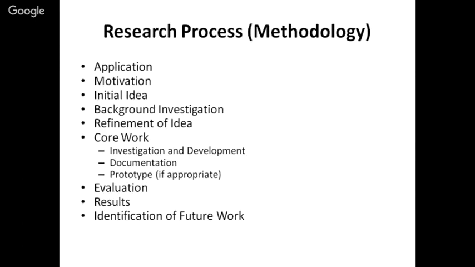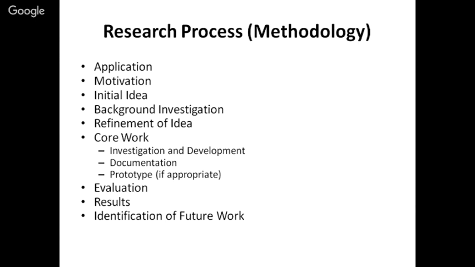This is the research process, or the methodology, followed by various researchers while doing research. Whenever we identify or start our research, we should first know in which area we are going to work and what its application is, because without any real-world application, your research is of no use.